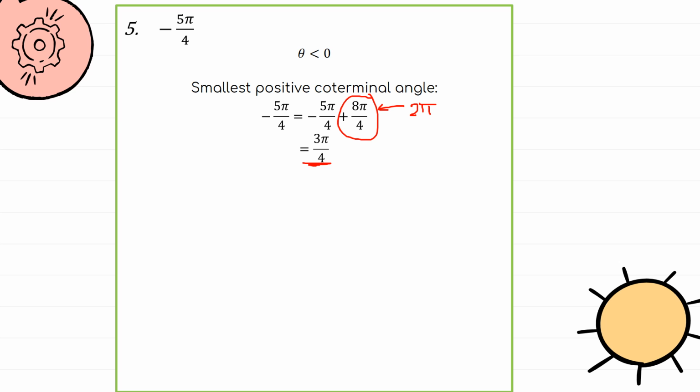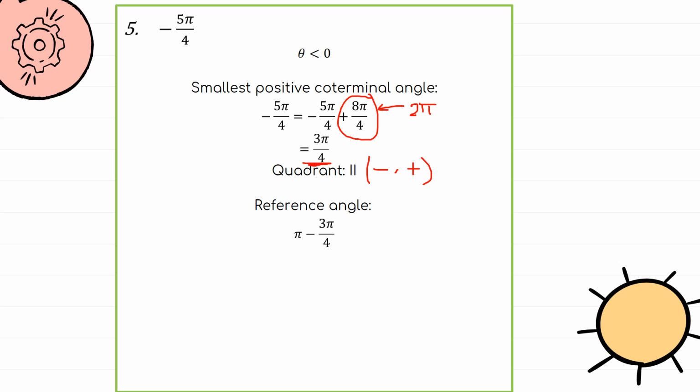Nasang quadrant ngayon si 3 pi over 4? Nasa second quadrant. So, yung 3 pi over 4 nasa second quadrant, therefore, ang coordinates ng point niyan ay negative, positive. Since we also know kung nasa ang quadrant si 3 pi over 4, we can also get now the reference angle. So in this case, to get the reference angle, we simply have pi minus 3 pi over 4.